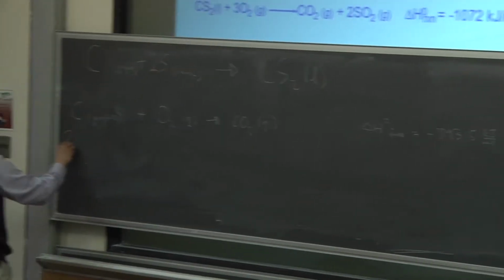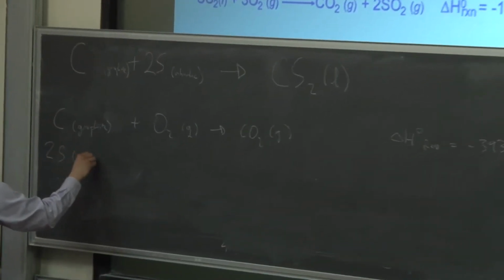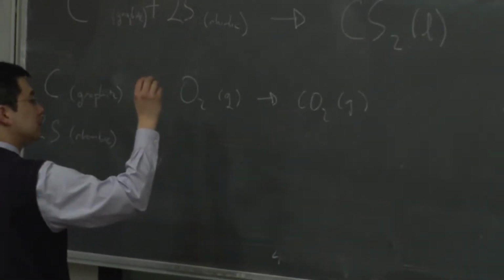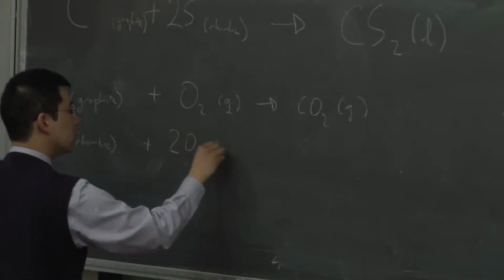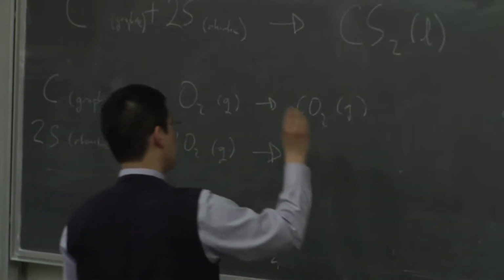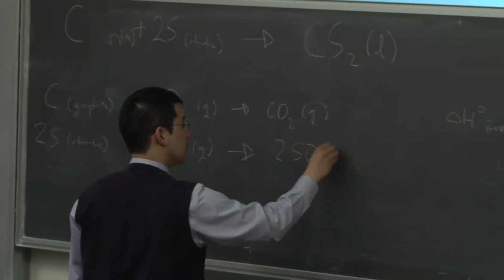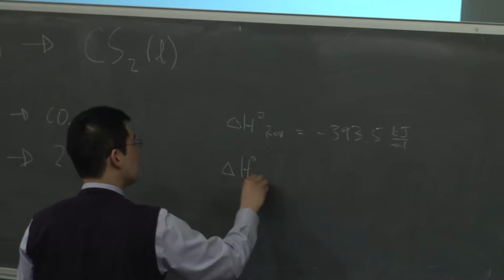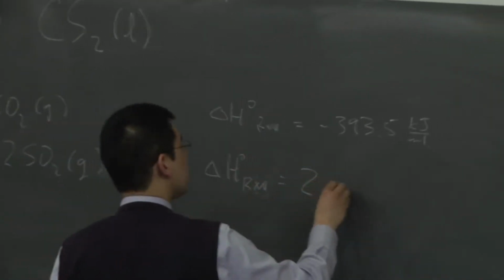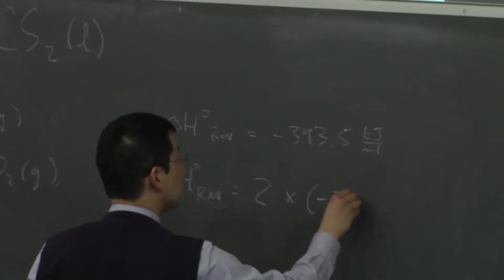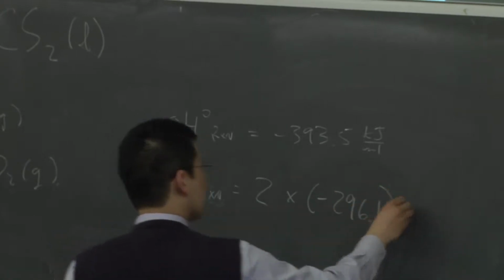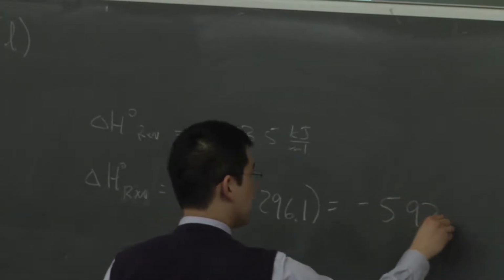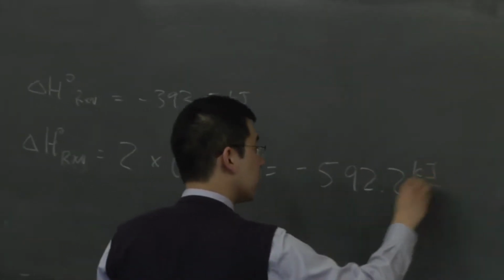So I'm going to get 2S rhombic plus what? 2O2 gives me 2SO2. And the delta H is double, 2 times negative 296.1, which is going to be equal to negative 592.2, I think.